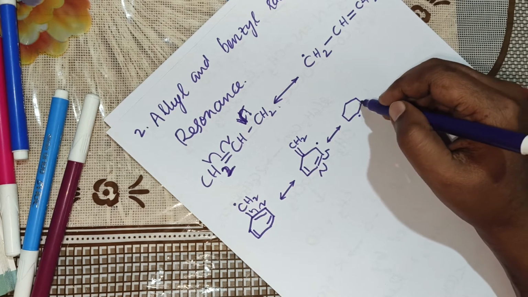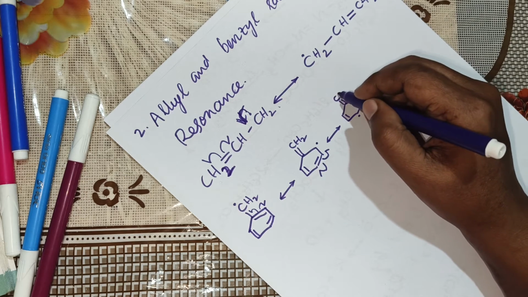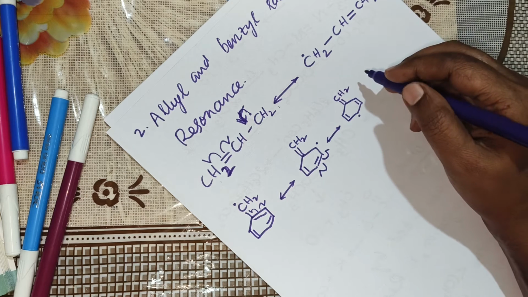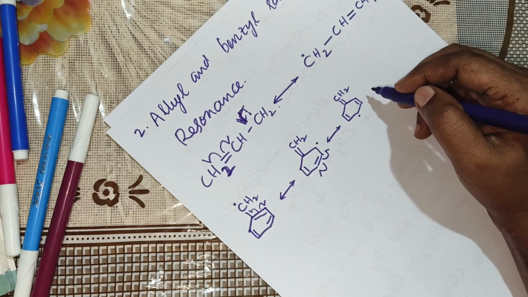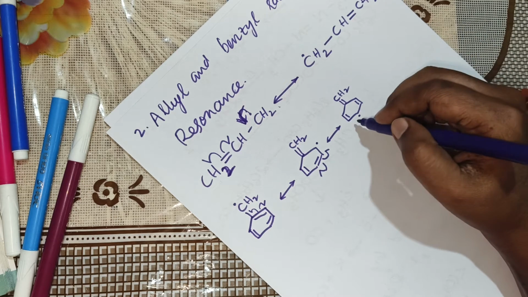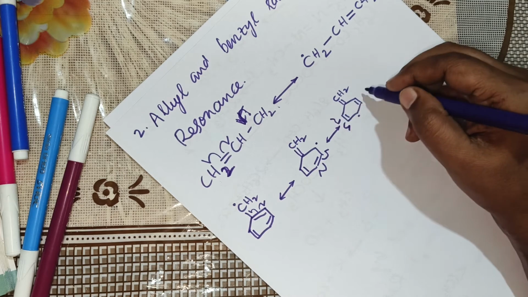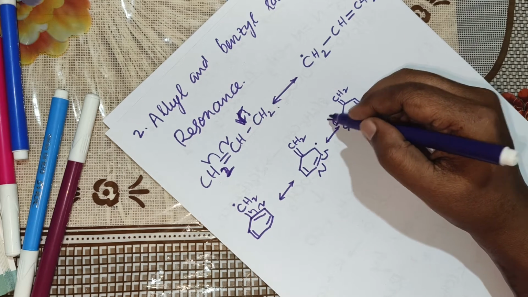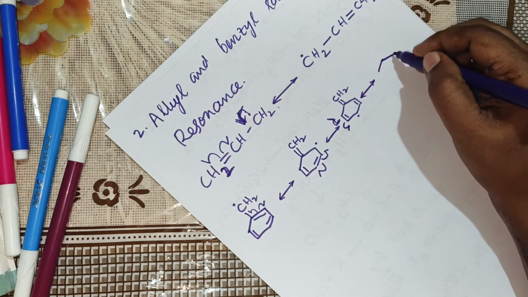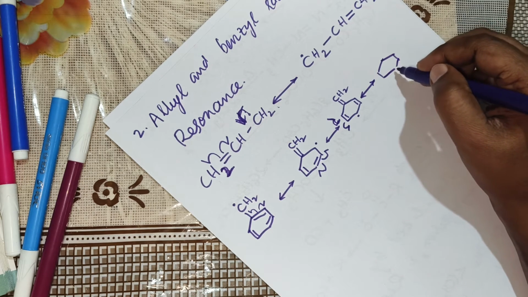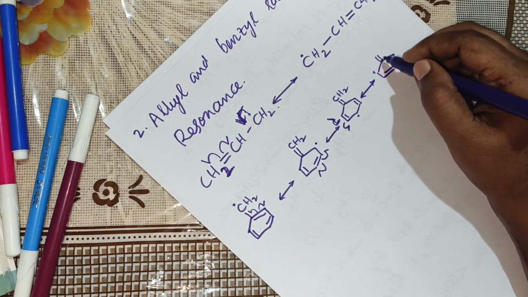Single bond, formation of double bond takes place, CH2, you can see that. You can observe like this. Here double bond is formed, again free radical, double bond CH2.